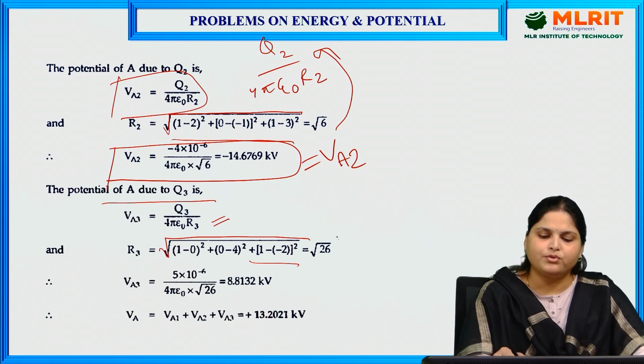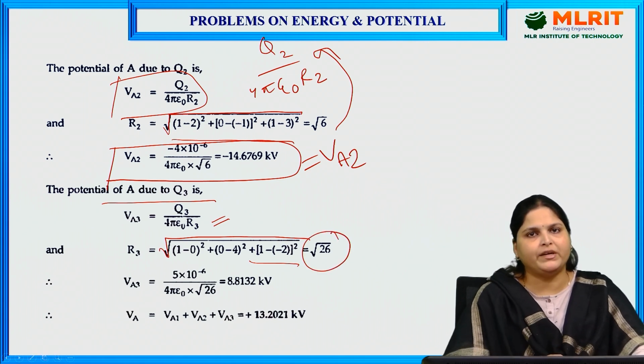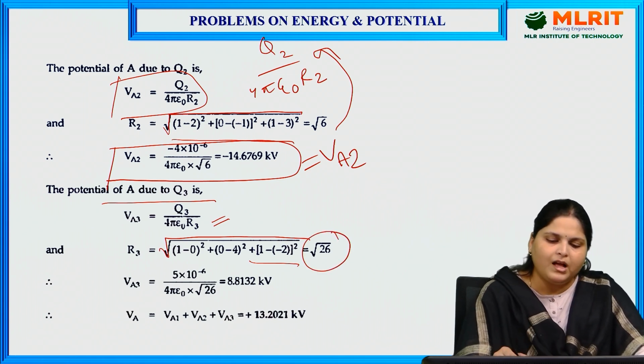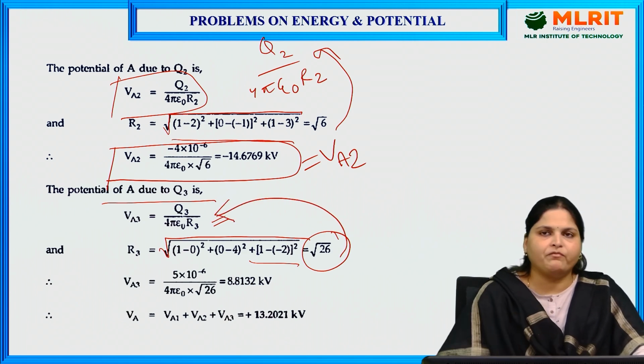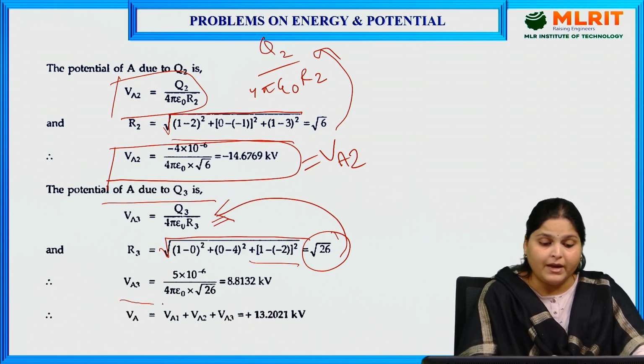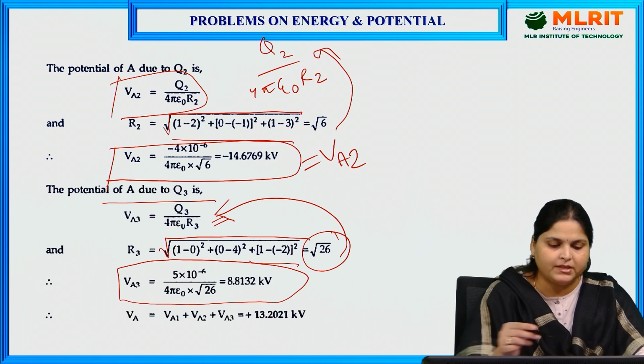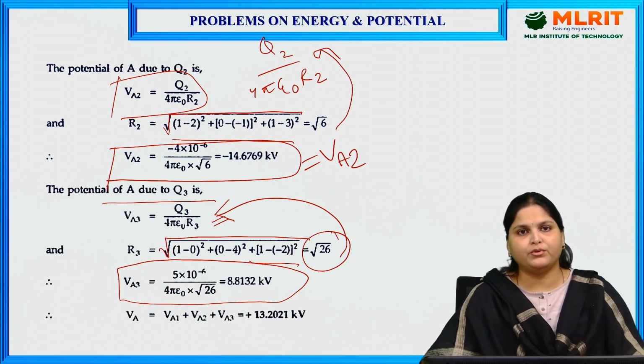On solving, we get root 26. Upon putting everything into the VA3 formula, we get 5 into 10 to the power minus 6 divided by 4 pi epsilon naught into root 26.